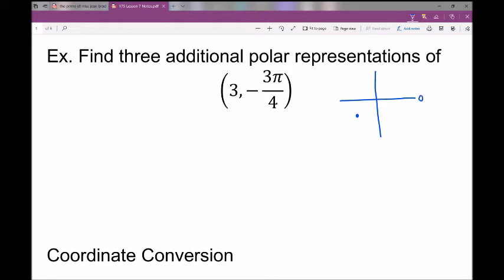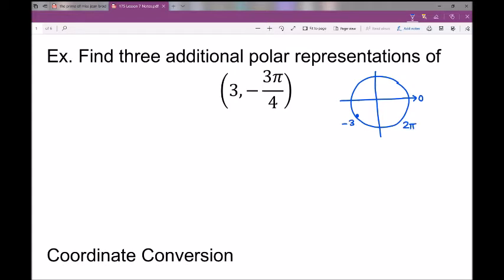Well, if you think about this as being 0, what if we had gone around in the positive direction, so around this way, instead of in the negative direction? It's not too hard to figure out what that angle is. We know that one full rotation around the origin is 2 pi.